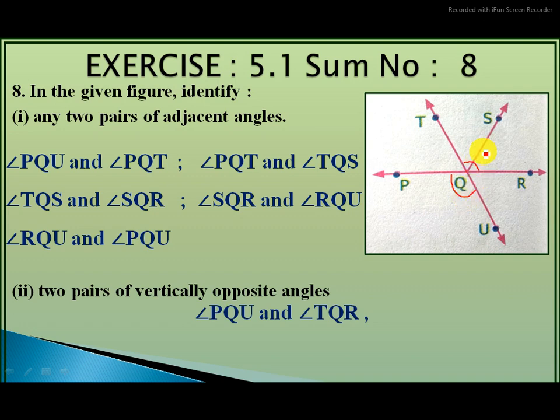These 2 are vertically opposite angles, and angle RQT is vertically opposite to angle RQU. These two are vertically opposite angles, and the measures are equal.